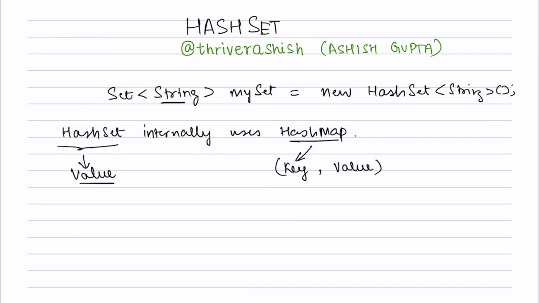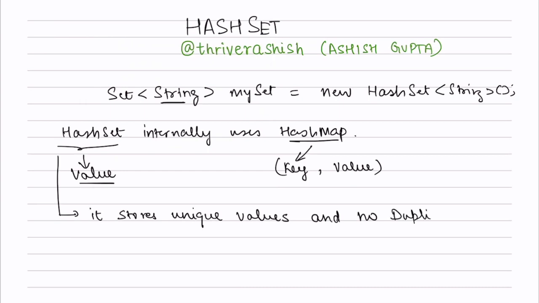You must be knowing that HashSet has a property of having unique values, right? It stores unique values, and no duplicates. This is the property of HashSet.